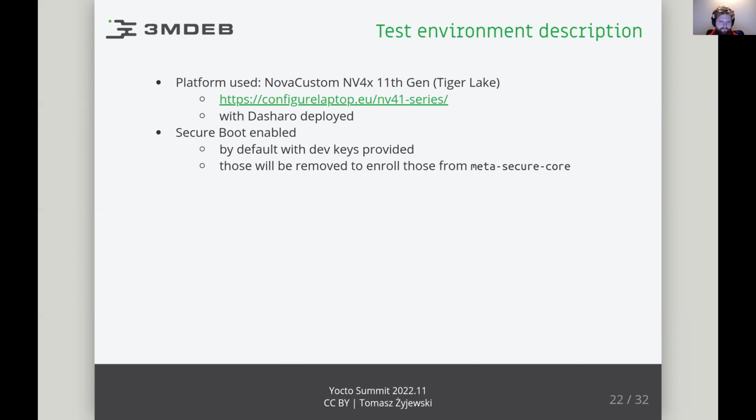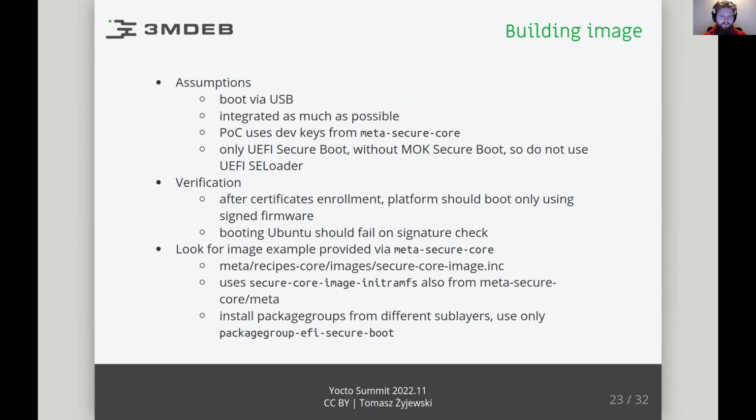here in the slide. Okay, we'll test on the real hardware. This is some Novacustom laptop with the DTS deployed and Secure Boot enabled, with some default keys, which we'll need to remove and later enroll our certificates from the meta-secure-core. So the assumptions here are to boot via USB and integrate as much as possible into our meta-dts, so not use the image just from meta-secure-core, to test if integration can be flawless.